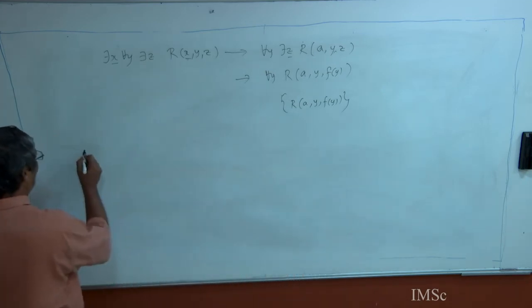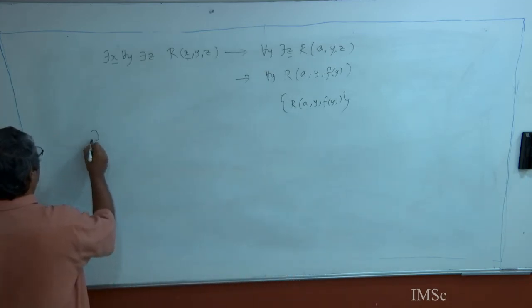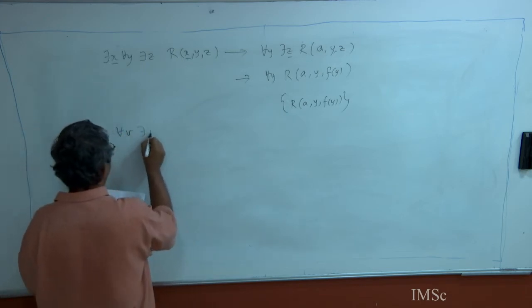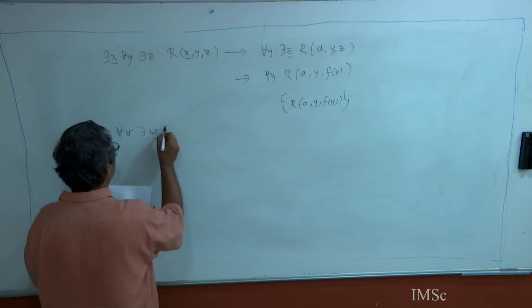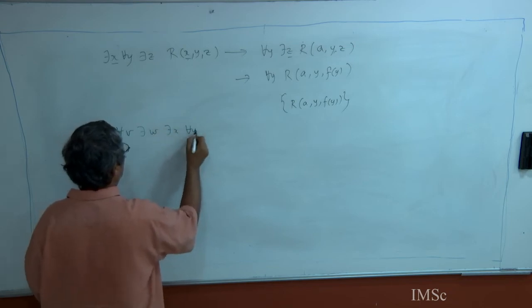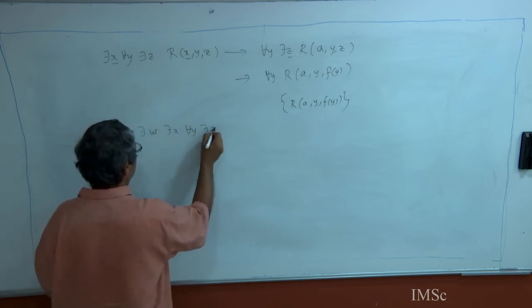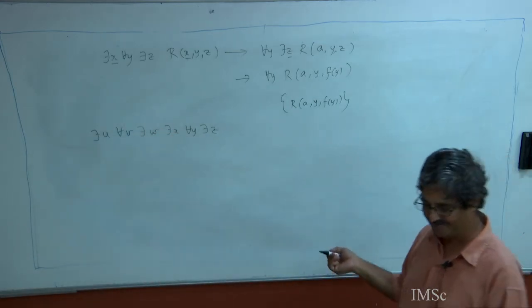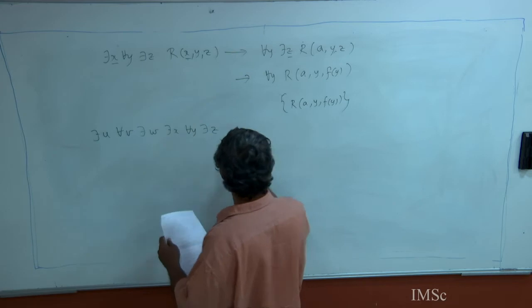So let me take another more detailed example. This has got lots of variables. I'm taking something in prenex form.